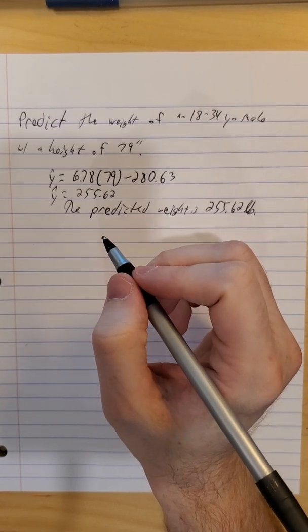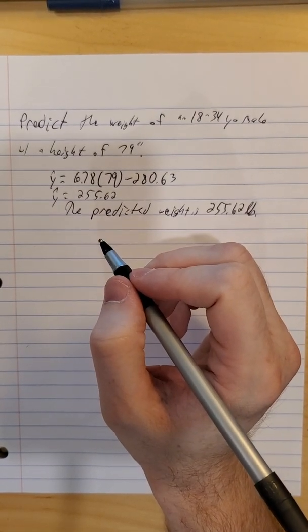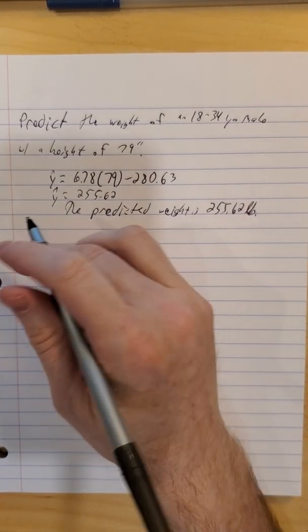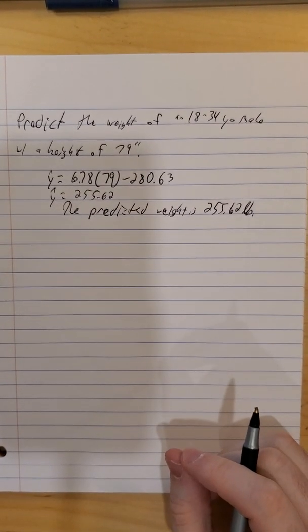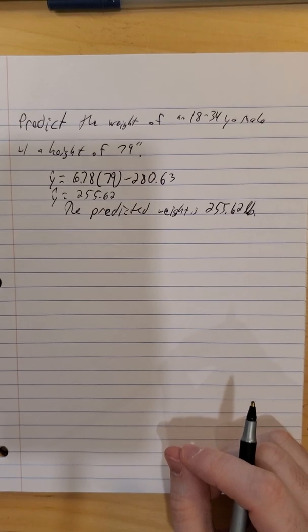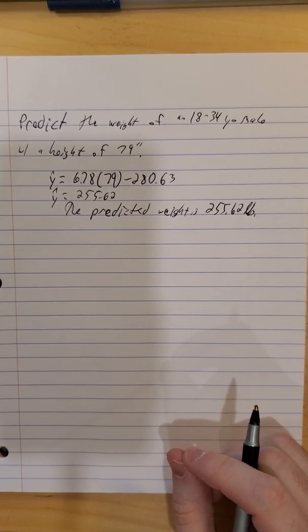One other important thing to note on these linear equations, they're given to us in slope-intercept form. For some of them, the y-intercept is meaningless. This would be one of those cases.